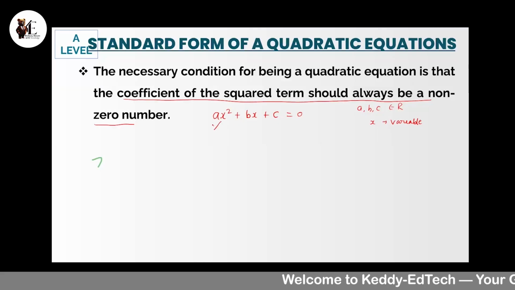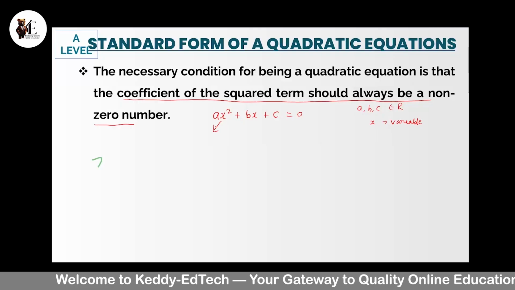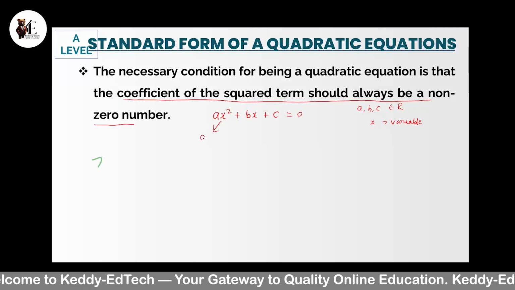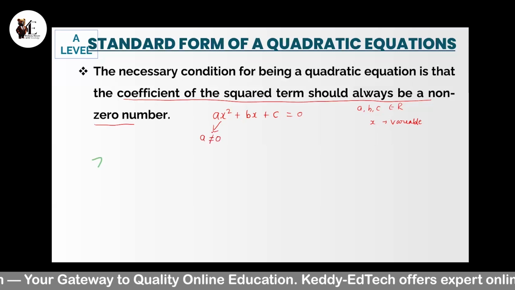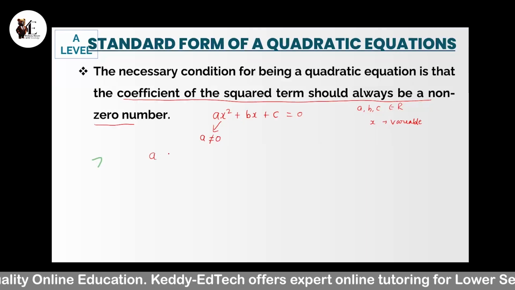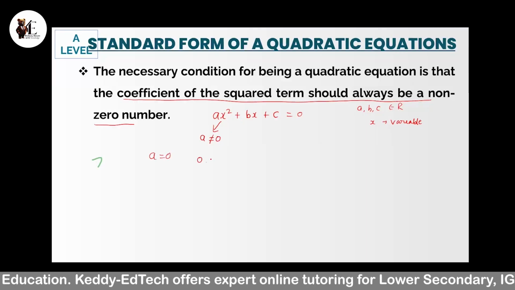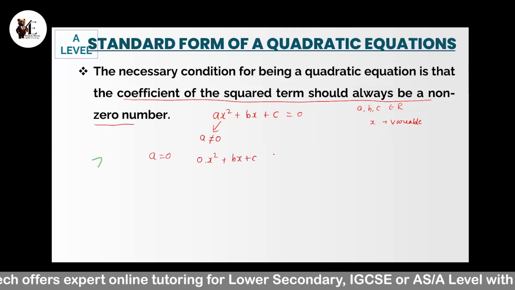In this case, a is the number which is in multiplication with the variable x square. So this should be not equal to 0. Why? Because let's say if a is 0, then 0 into x square plus bx plus c is equal to 0.